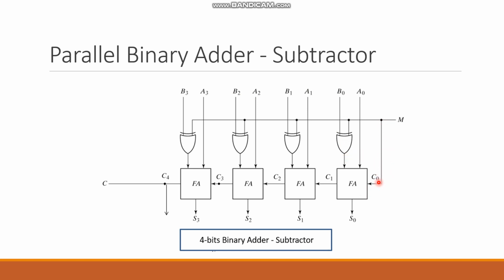That M is coming to that one as well. That means we took the first complement of B and add 1 to it. So we took the 2's complement, and any number added with the 2's complement of any other number means that number minus that number, or subtract that number. So this is a perfect adder and subtractor.